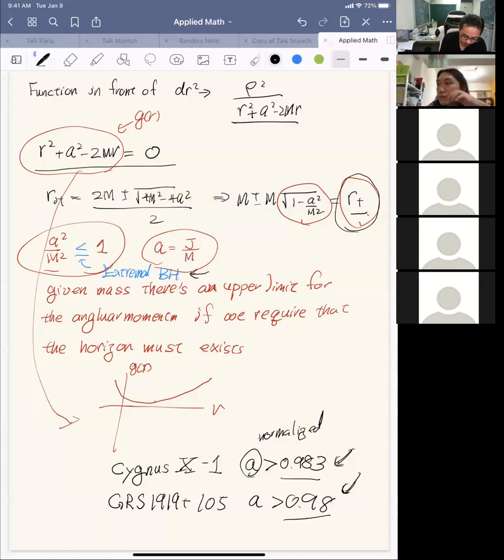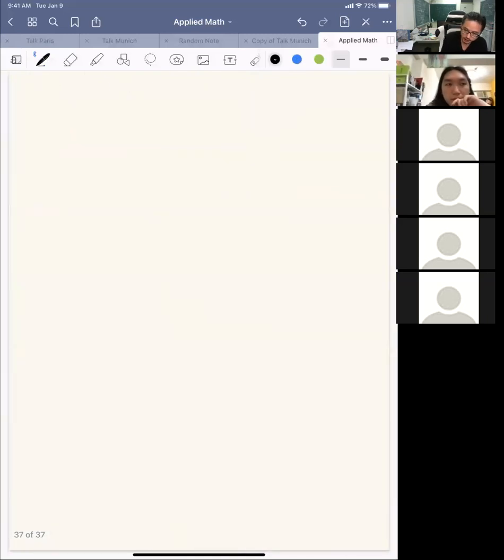Of course, as we mentioned, this is the function in front of dr squared. The function in front of dt squared is different, as we're seeing. So dt squared is multiplied by 1 minus 2Mr over rho squared, where again rho squared is r squared plus a squared times cos squared theta.